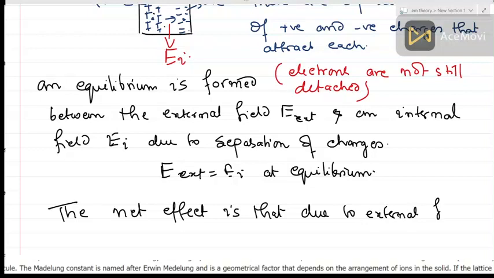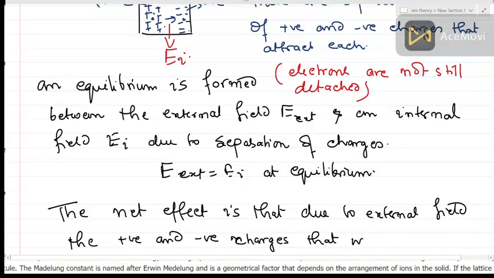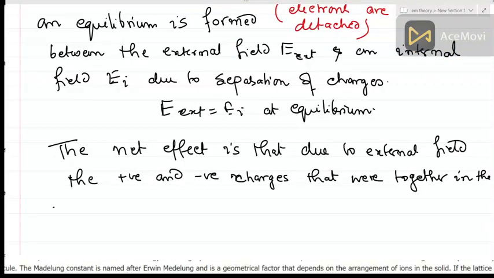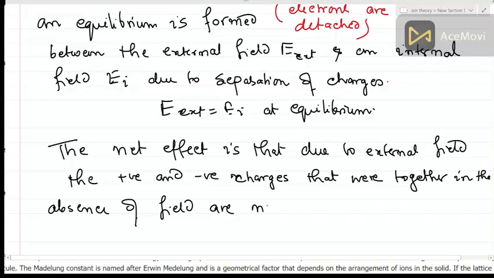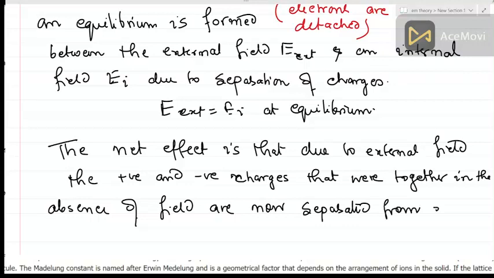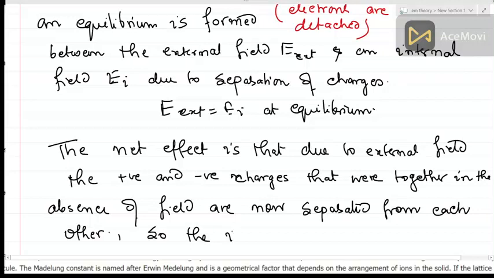The net effect is that due to the external field, the positive and negative charges in the atom that were together in the absence of field are now separated from each other, of course by a small amount.